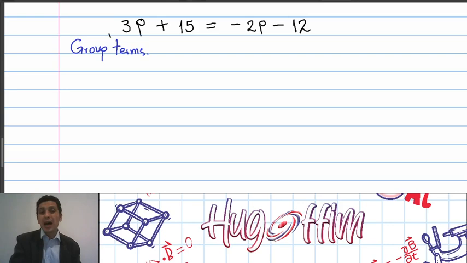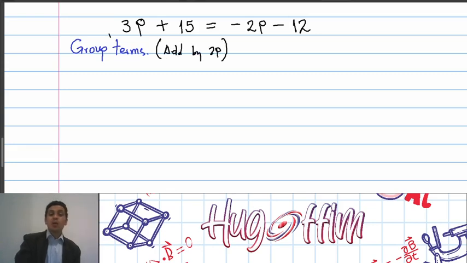So I'm going to add 2p to both sides of the equation, in a way that you can simplify this 2p from the right side.